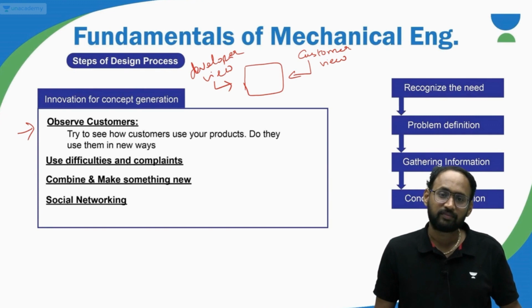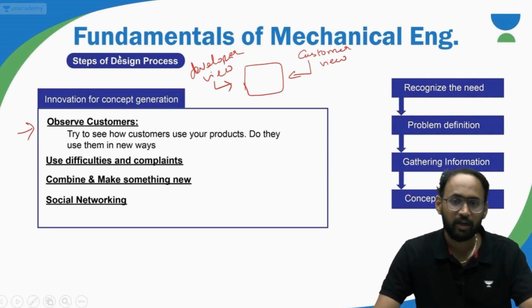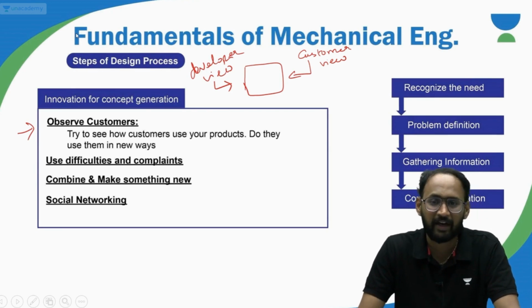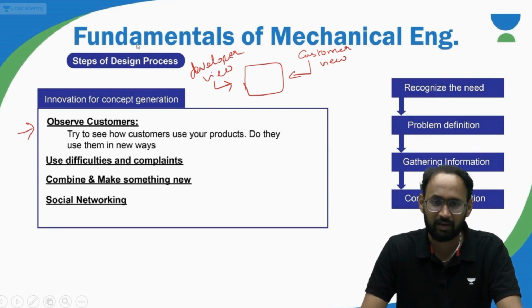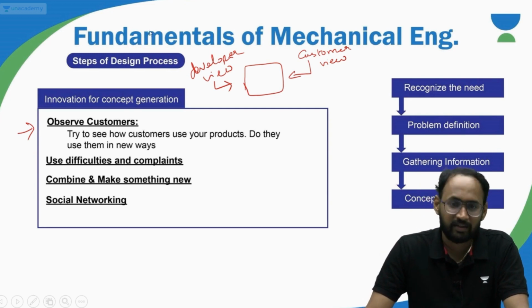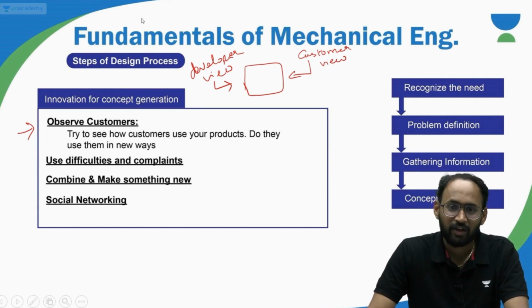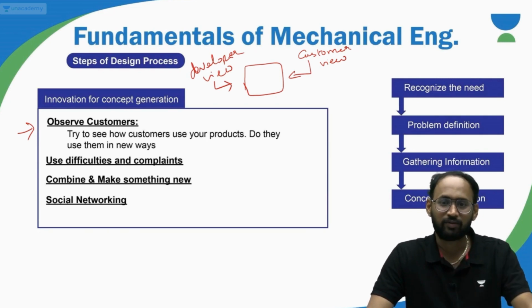Let's take a very simple example. You are designing a gear system for a normal mechanical car, a manual gear system car. Now, as an expert or as an engineer, while changing the gear, you have to press the clutch fully. So this is very clear to you because you know how the product has to function.